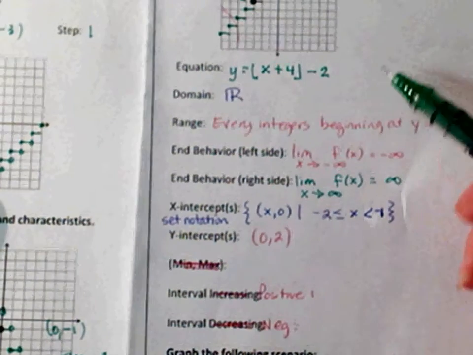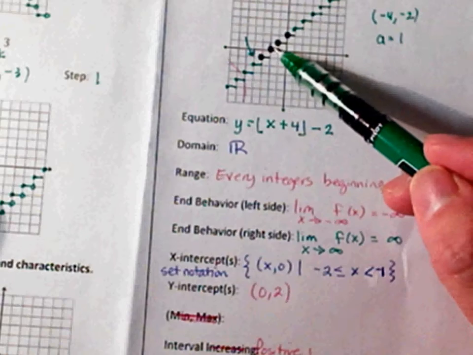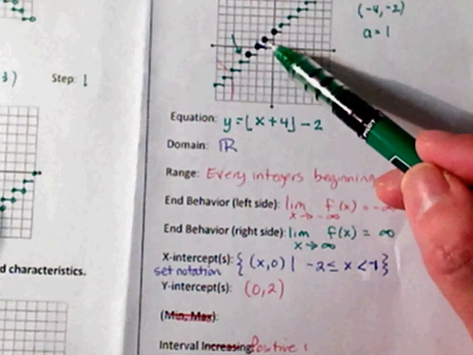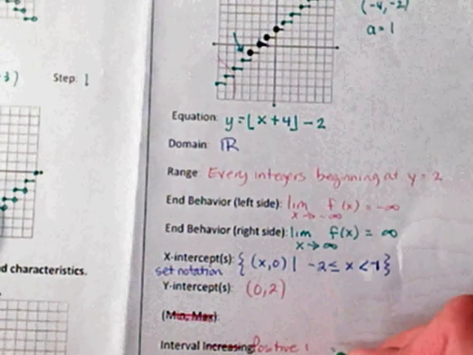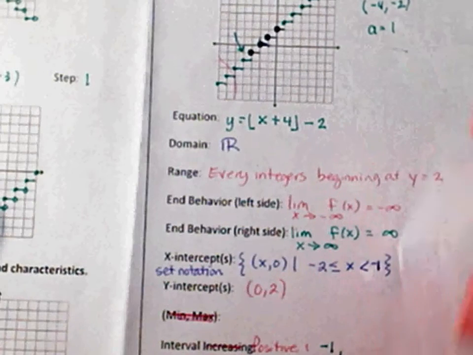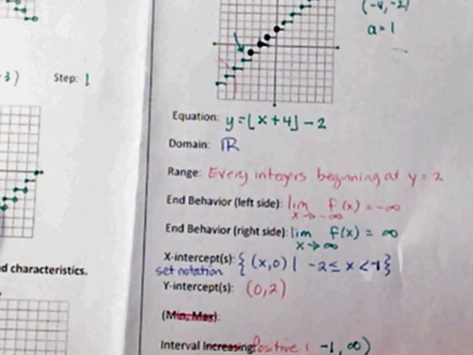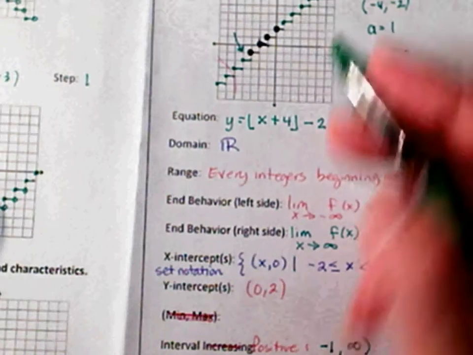Where do you see it positive? Well, this one's at 0, so that's neither positive nor negative, so it's right above it. And what is this part right here? Negative 1. So, from negative 1, it continues on to the right, which is parentheses. Now look at negative 1. Is that closed or open? It's closed. Bracket.